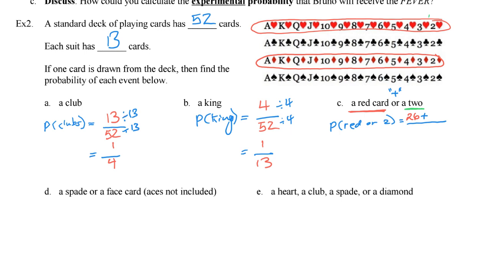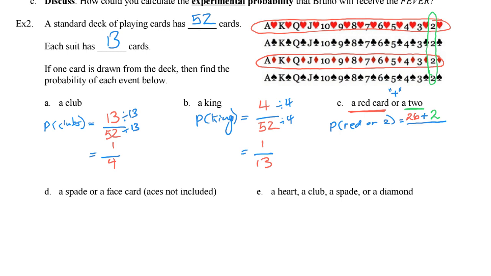And you'll notice that your 2s will overlap with the hearts. So we're not going to count those 2s again. So we're really only going to add 2 more, because 2 of them are already counted in the 26.